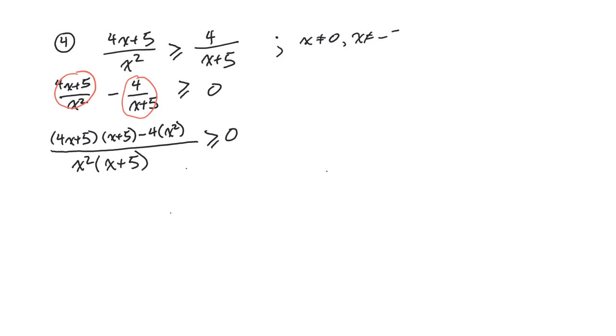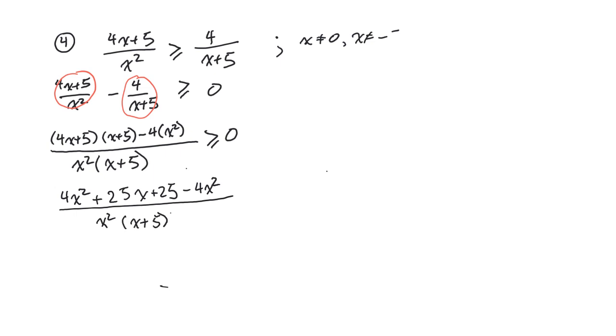So we're now left with 4x squared plus 20 plus 25x plus 25 minus 4x squared all over x squared times x plus 5.